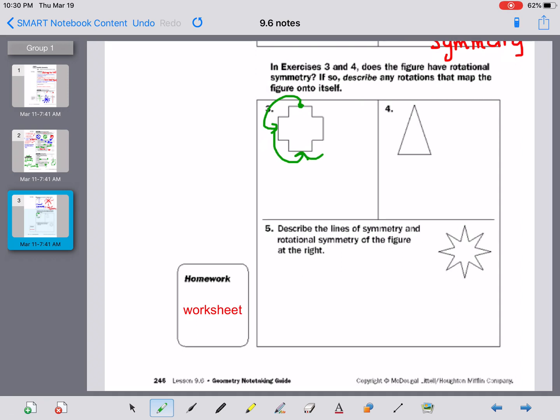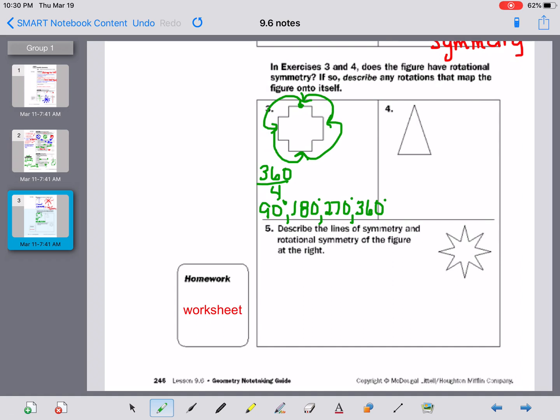It could land here. Or it could land here. So definitely I have rotational symmetry. I take my 360, which is a full turn, and I divide by my 4 turns. And it looks like I could have angles of 90. Add 90 again to that, and that's 180. Add 90 again for 270. And finally 90 again, and I get my 360. So I have to stop there.